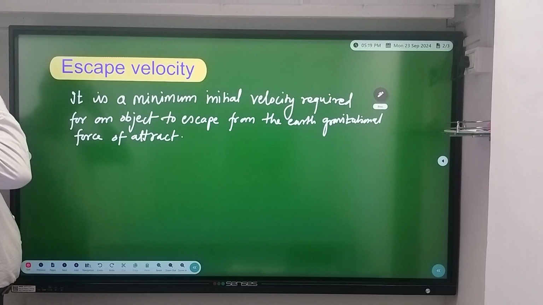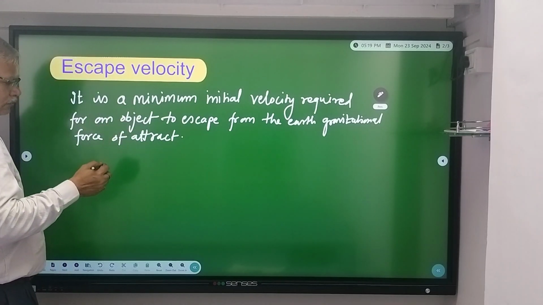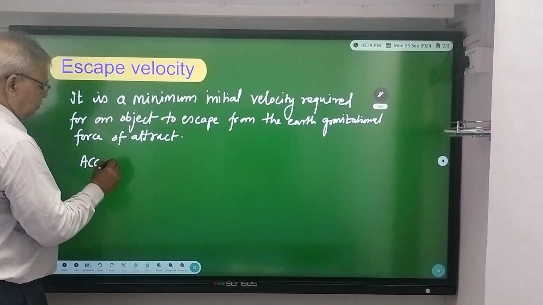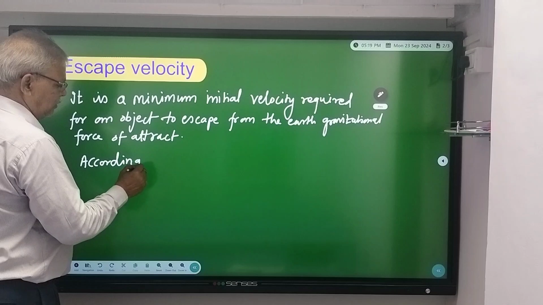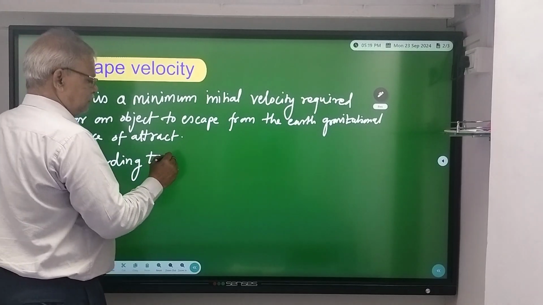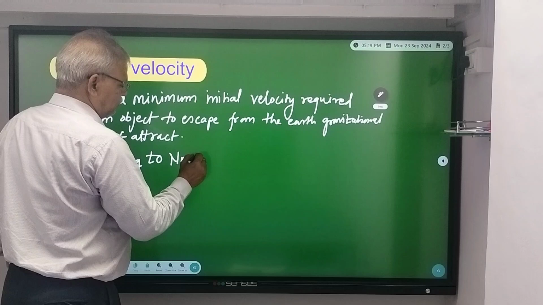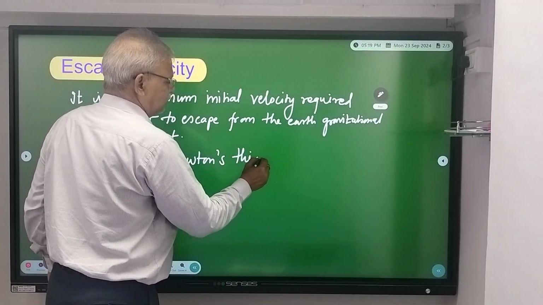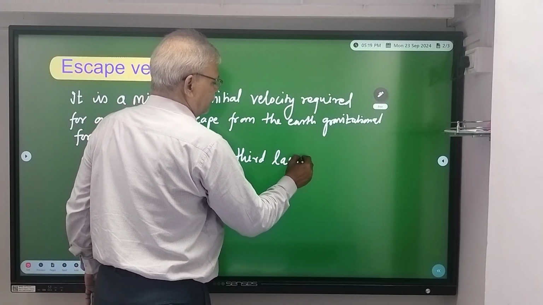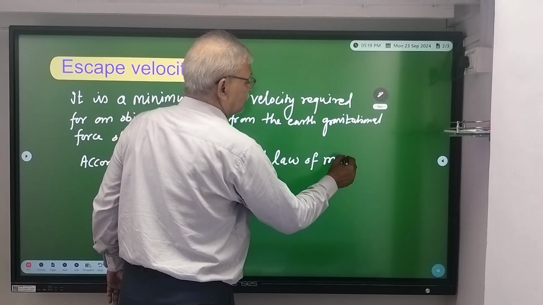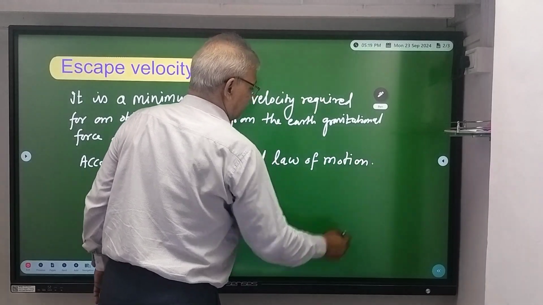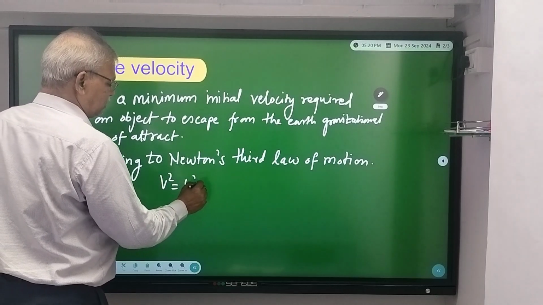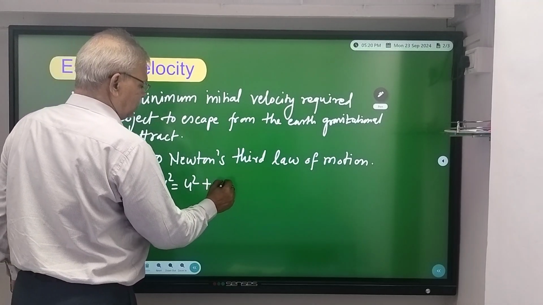Okay? Now see here, according to Newton's third law of motion, V square is equal to U square plus 2AS.